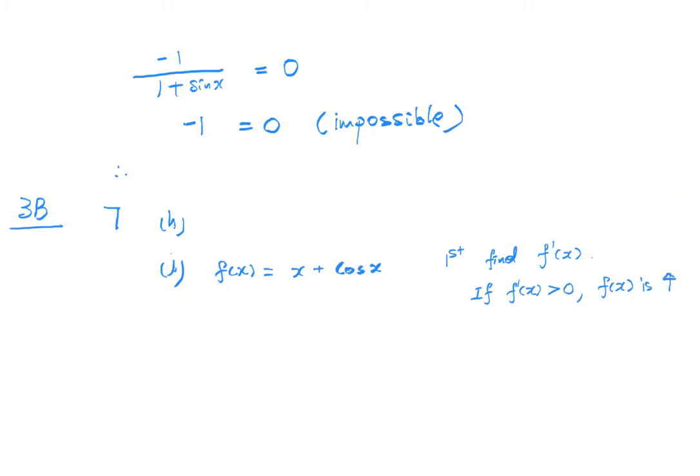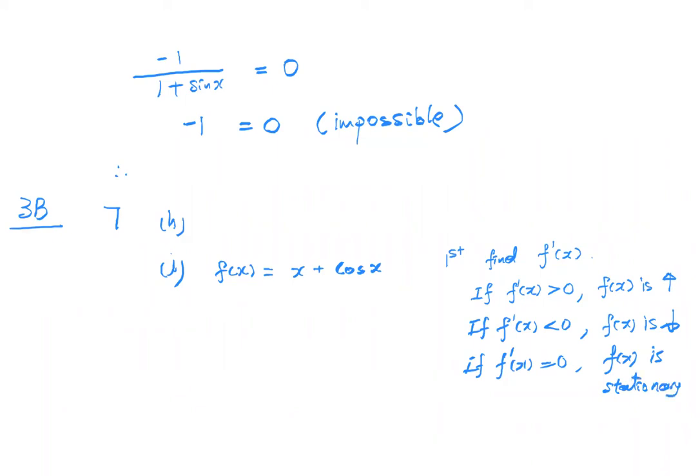If f prime x is less than 0, f x is decreasing. If f prime x equal to 0, f x is stationary. Correct? So you must have your f prime x sign diagram. Still remember we mark like that? Maybe plus, minus, minus, right? That kind of thing. Okay, now you do this one.